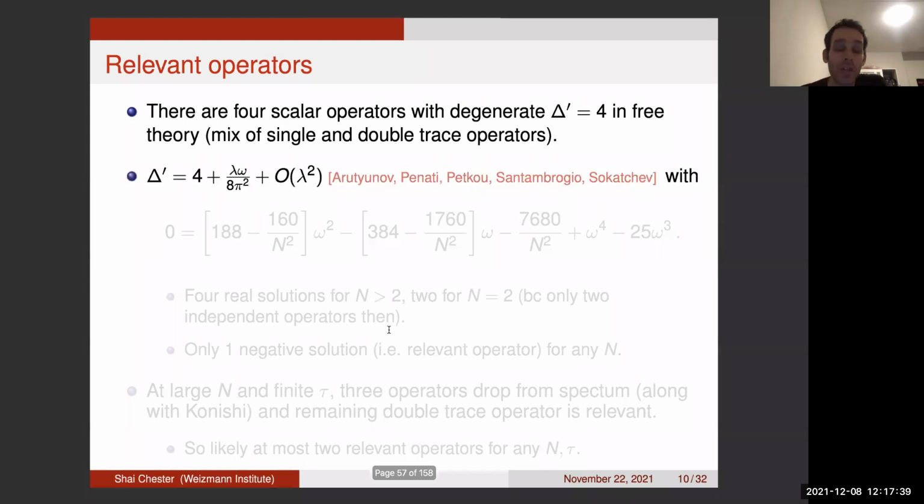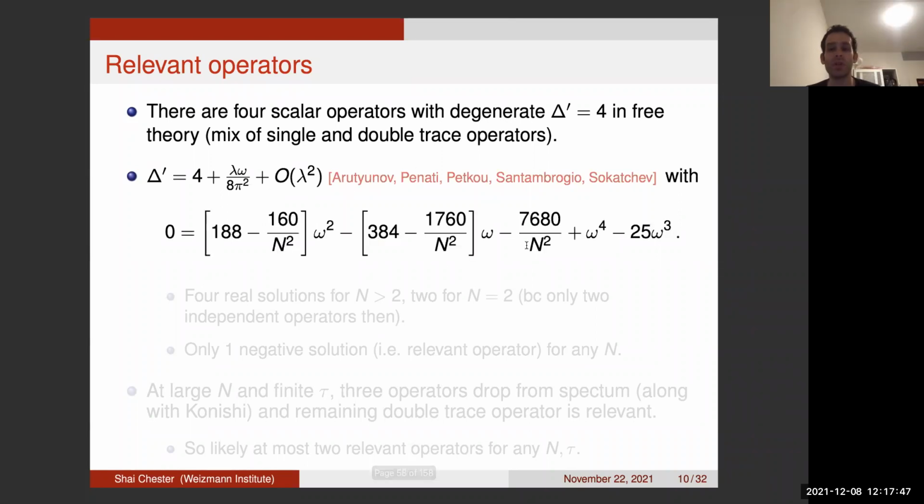Their degeneracy was computed and unmixed by these authors at one loop. The one loop correction is given by the solution of this quartic equation, because there are 4 such degenerate operators. I should note that there are 4 such degenerate operators when N is bigger than 2. When N is specifically 2, there are actually only 2 degenerate operators. And that's why there are only 2 solutions for N=2.